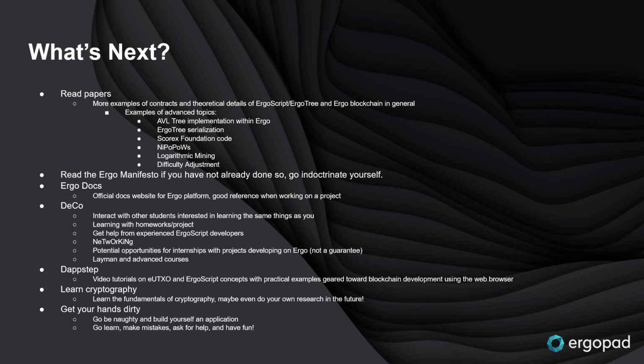There's also DAppStep, which is another good video tutorial series on UTXO and Ergoscript concepts, more geared towards people interested in blockchain development using the web browser. So you'll learn how to interact with Ergo using JavaScript. You could learn cryptography if you wanted. Maybe even do your own research and start trying to build your first project if you haven't already.